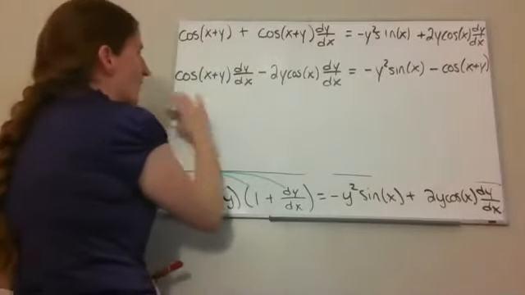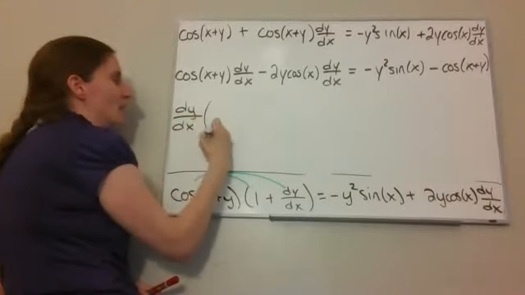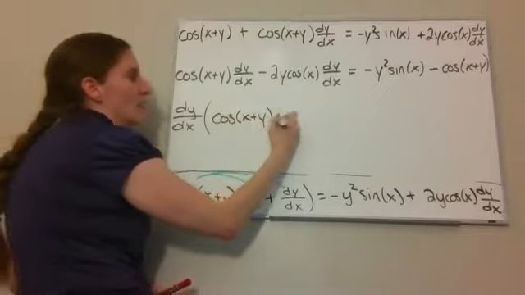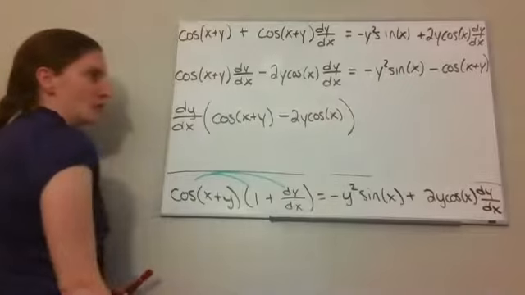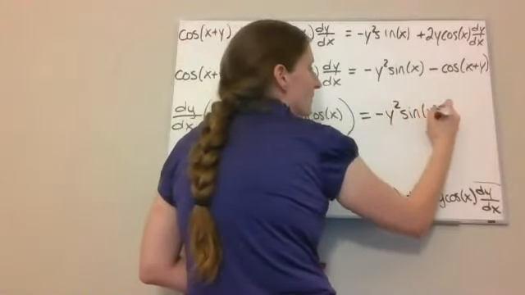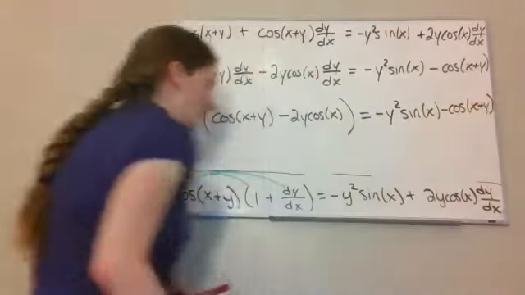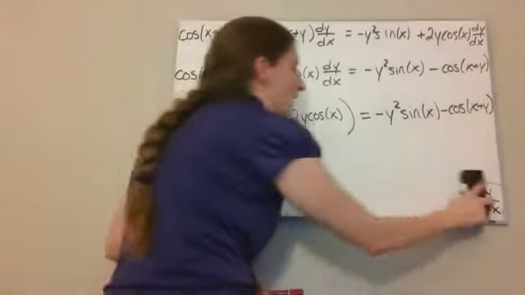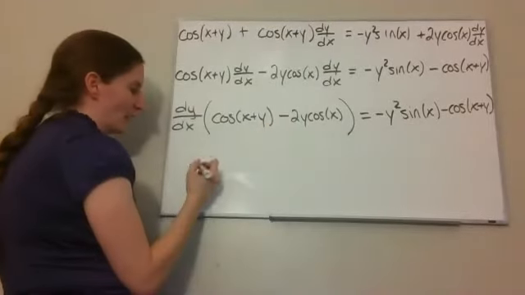All right, so now over on this left side, I can factor out my dy/dx. When I do that, I have cosine of (x plus y) minus 2y cosine x inside the parentheses. And nothing changes on the right side. Then all I have to do to get dy/dx completely by itself is divide both sides by everything in these parentheses.